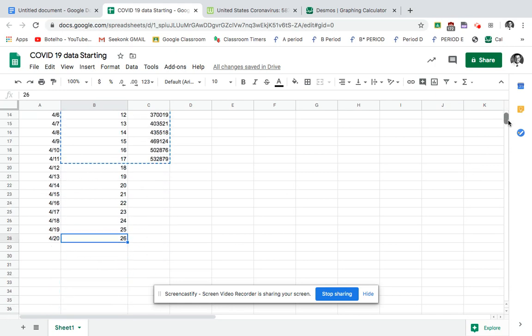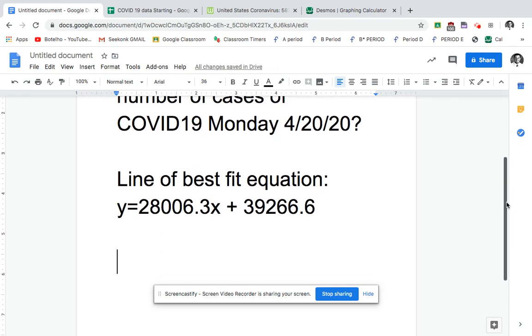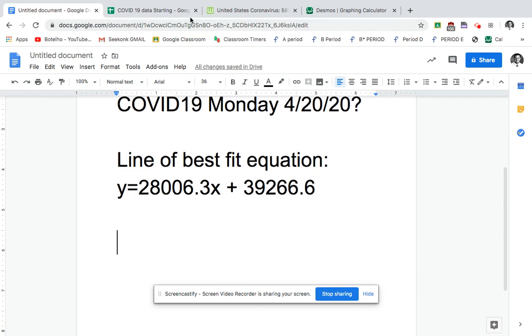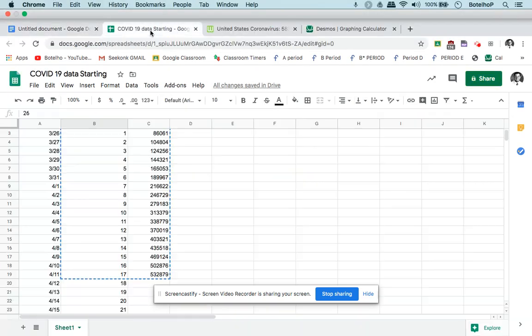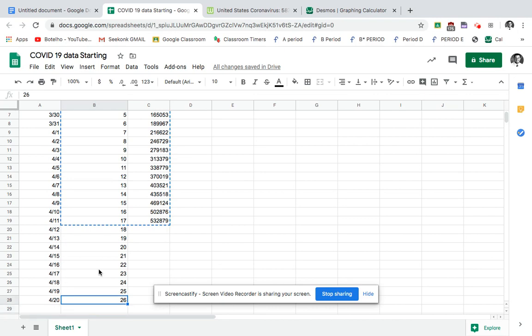So I'm going to do the math on my calculator, in this document. I'm going to let x equal 26.